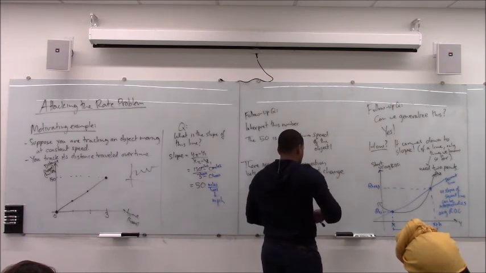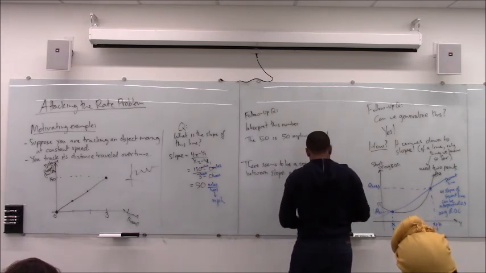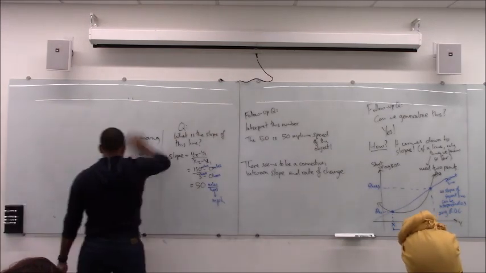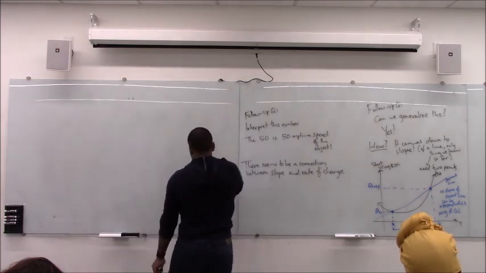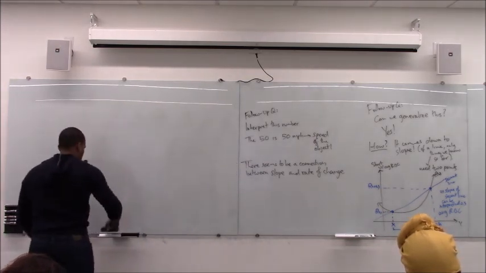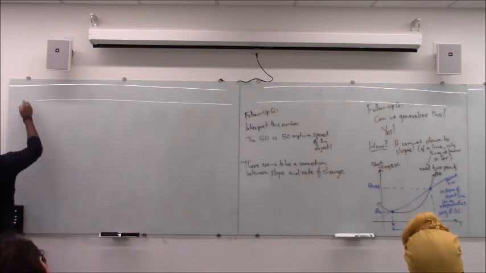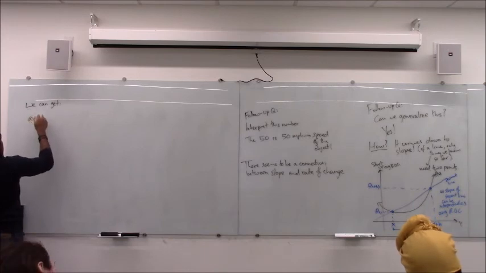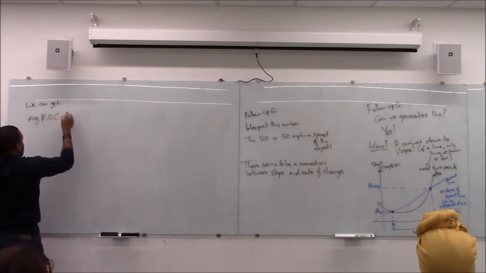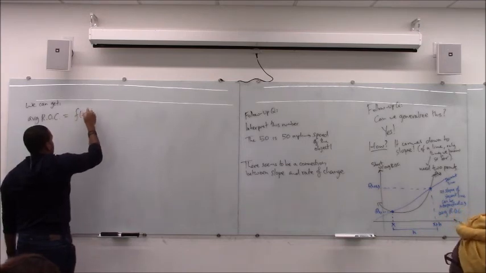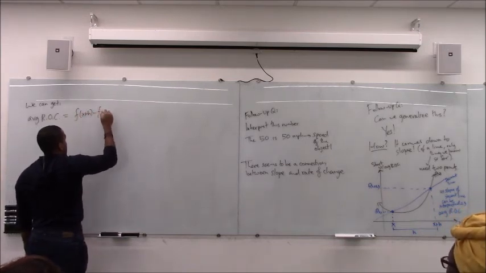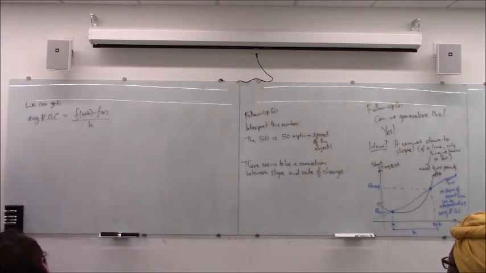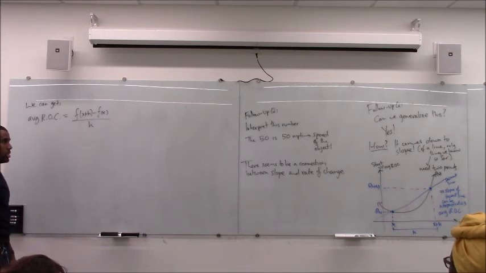And we could determine from that average rate of change is going to be equal to y2 minus y1 over x2 minus x1. That gave us the average rate of change. The difference quotient gave us the average rate of change.